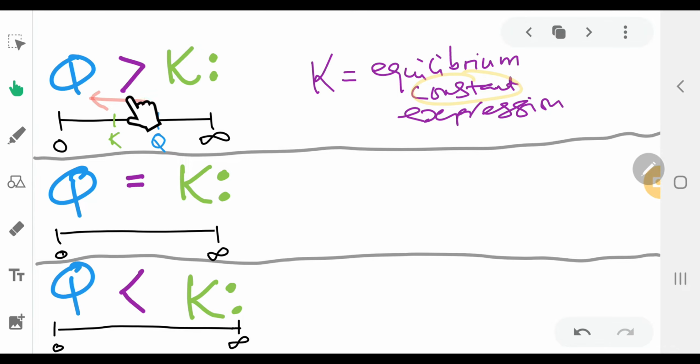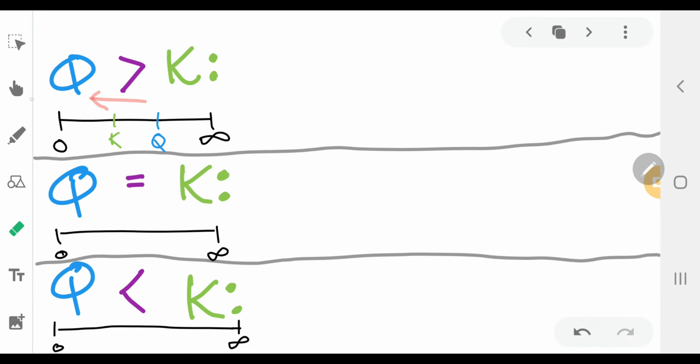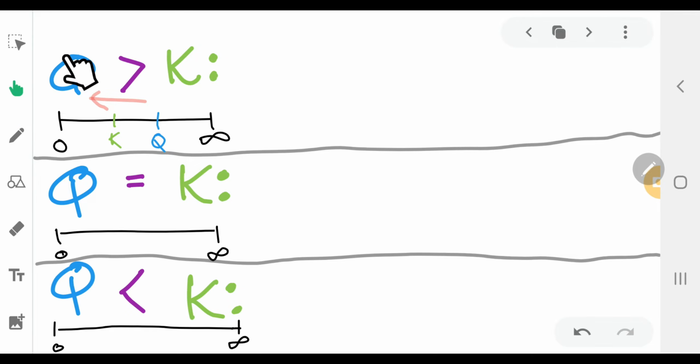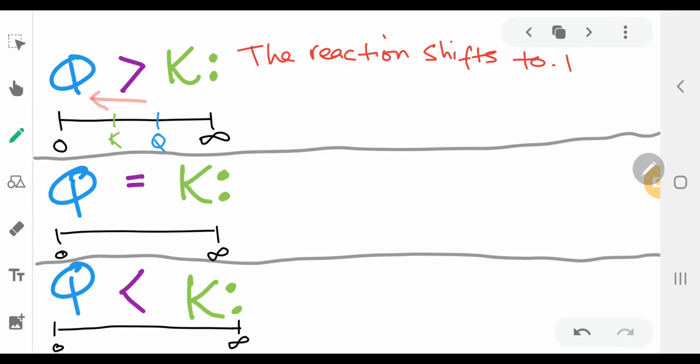When the reaction is shifting to the left, that means the reaction needs to produce more reactants in order to achieve the K value. Okay? So the conclusion over here, what you can write is, when Q is bigger than K, the reaction shifts to the left.